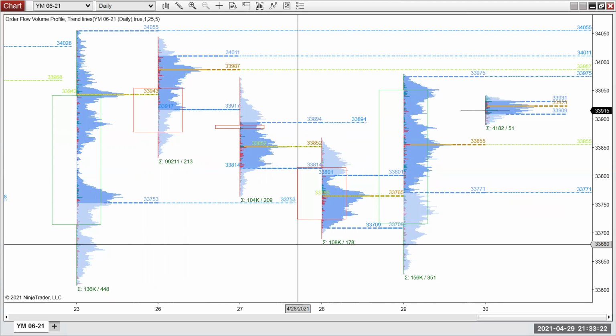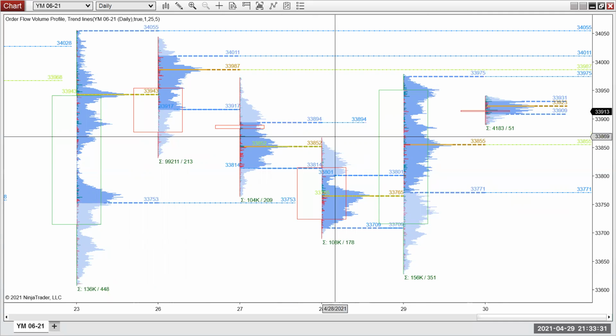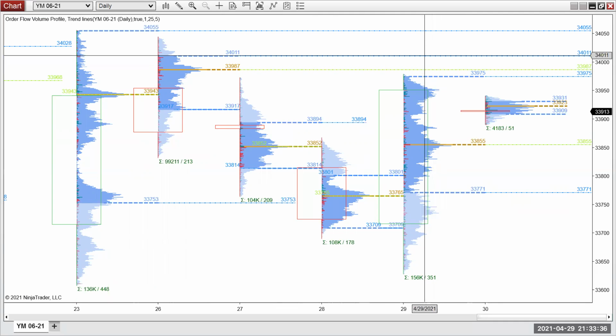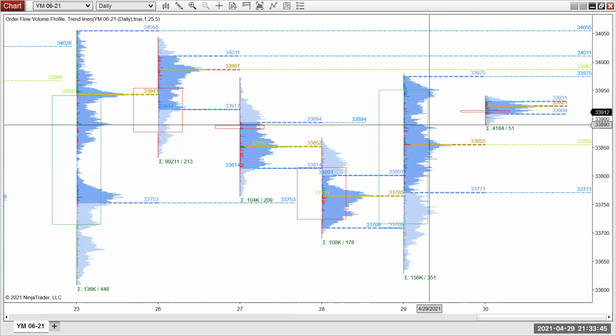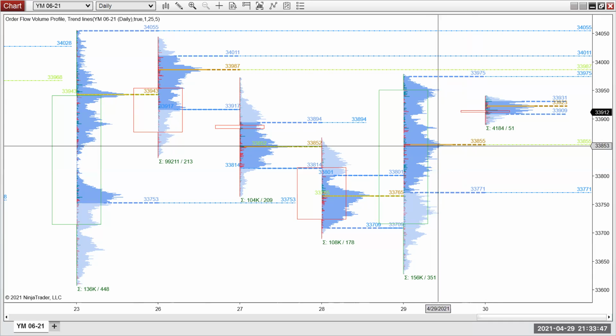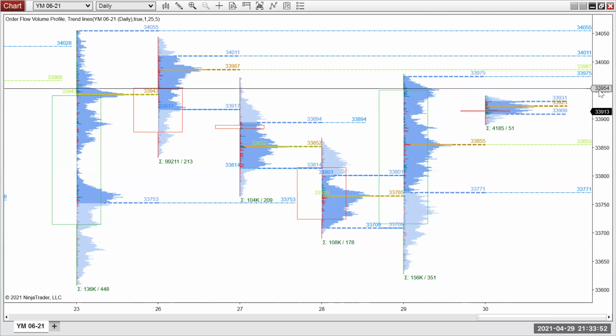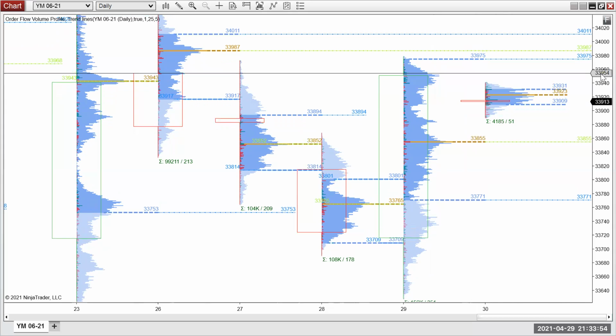So I expect, if we go above the VWAP, I'll be targeting the 975 area and possibly the 34,000. Okay, that's actually doable for the Dow. Otherwise, we can go back to the 855 area if we go below the VWAP. So that's what I'm targeting.